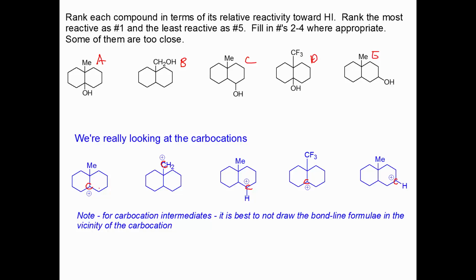Here we have at that carbon an alkyl, another alkyl, and another alkyl, no hydrogens, so we're going to call this one tertiary. Here there's two hydrogens and an alkyl group. This one is primary. This one has a hydrogen and two alkyl groups. This one's secondary. This one is also tertiary because it's got three alkyl groups. And this one is also secondary because it's got two alkyl groups and a hydrogen.